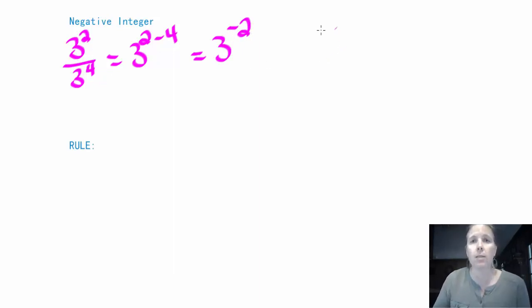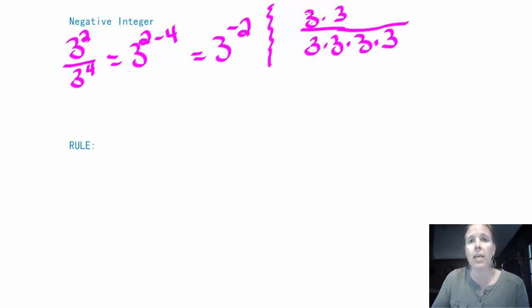Another way to do it would be 3 times 3 over 3 times 3 times 3 times 3. When we cancel out, we're left with a 1 on the top and we still have 3 squared on the bottom.